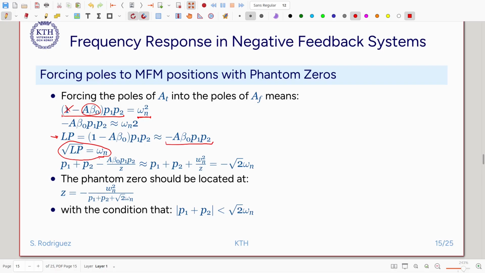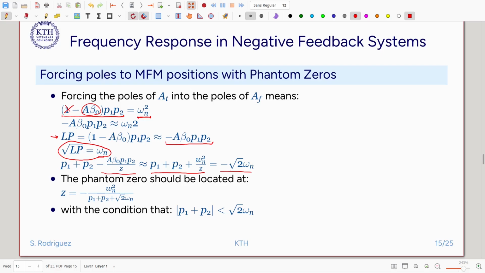Another condition for this is that P1 plus P2 plus the loop gain divided by the zero has to be equal to P1 plus P2 plus ωn divided by ζ in the Butterworth filter. And this has to be equal to minus the square root of 2 ωn. So this is in the Butterworth filter.